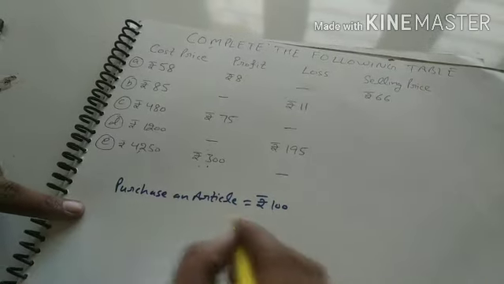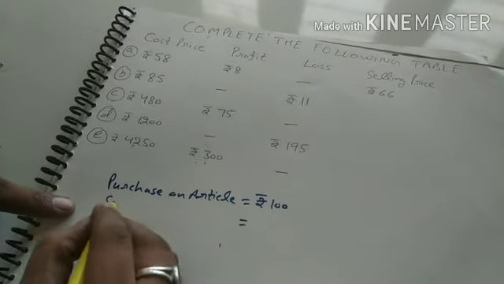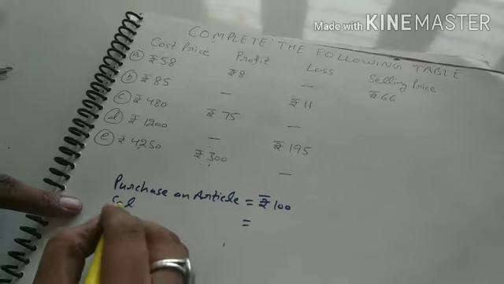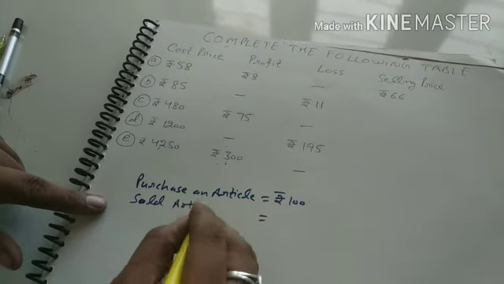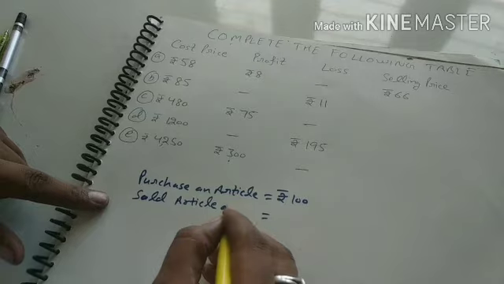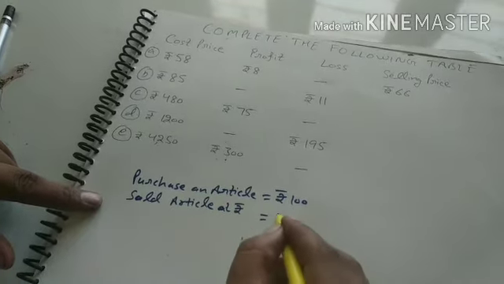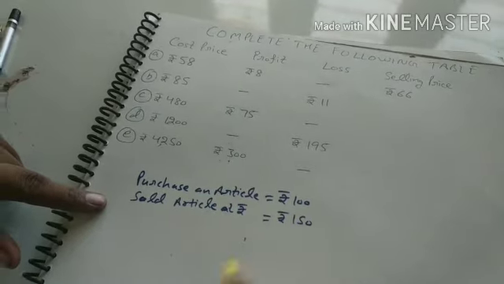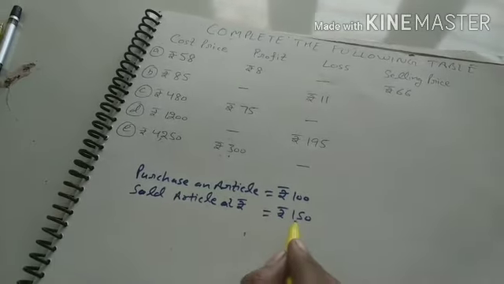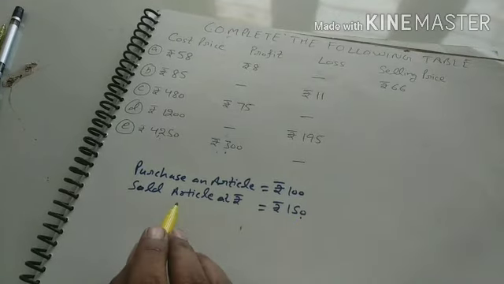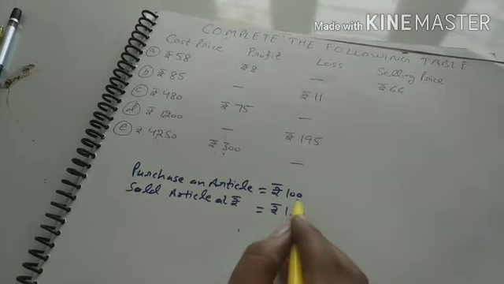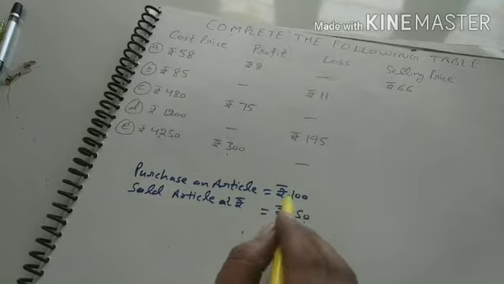So if I sold this article at rupees 150, you can see this is rupees 150 at which I sold this article, and this is rupees 100 at which I purchased this article.